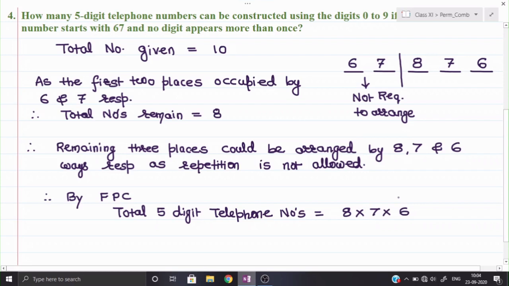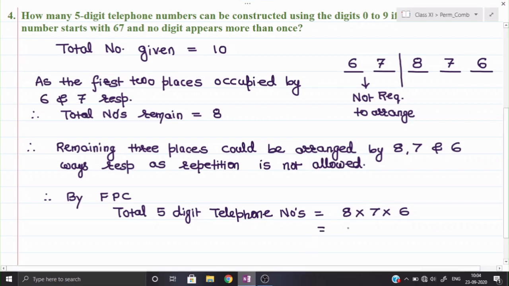As you know, the first and second places are fixed, 6 and 7 are occupied over there, so for the first 2 places we need not arrange. The third place can be arranged in 8 ways, the fourth place in 7 ways, and the last place in 6 ways.